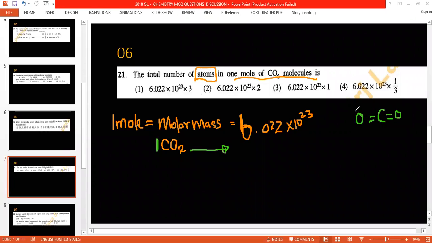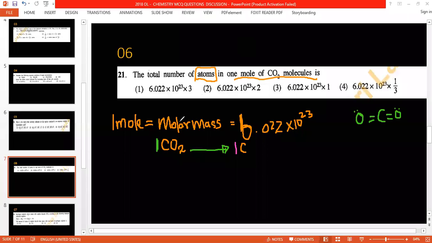CO2 contains how many carbons? 1 carbon. And how many oxygen atoms?